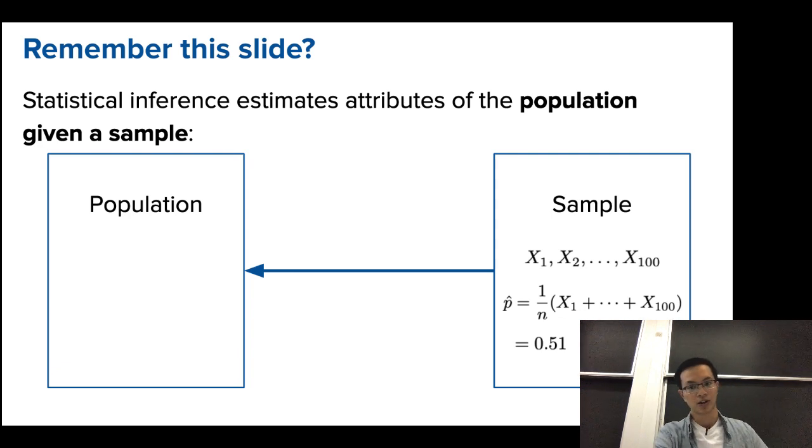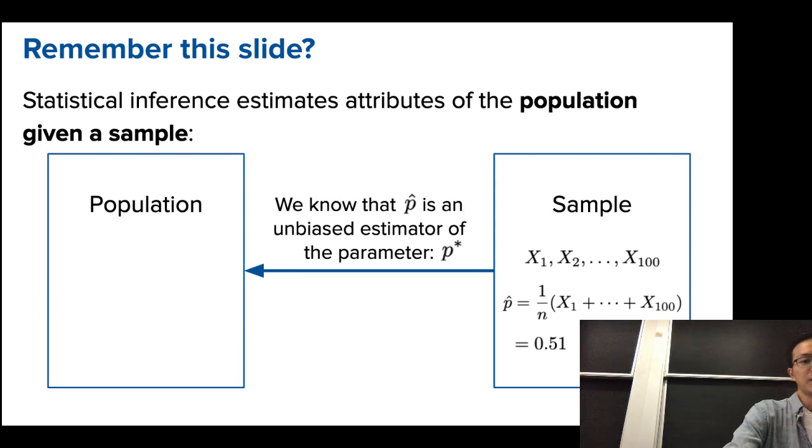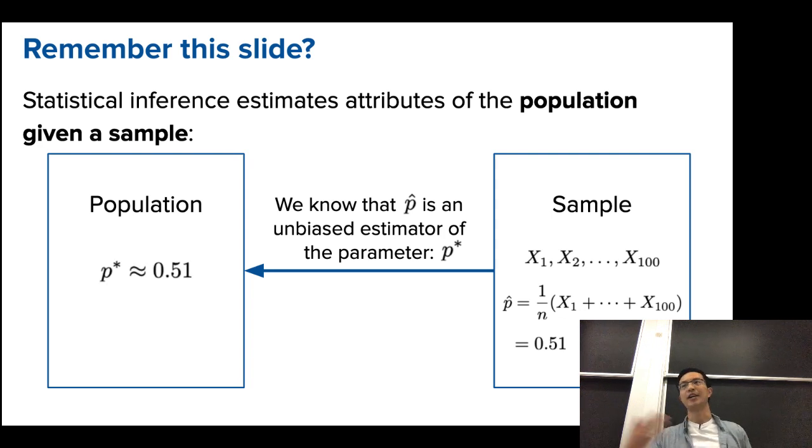Okay, so we took the poll, and we got 51% voted for Hillary, and because we know that this particular estimator is unbiased, what we can conclude is that our population parameter is pretty close to our sample's proportion. So this is one of the neat results of inference, which is that even if you have a sample, you can make some conclusion about your population.